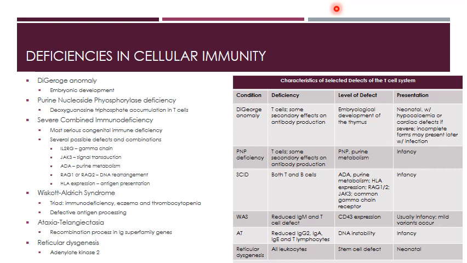So what happens then, since purine is not completely processed by the cells, you end up with purine metabolites, a toxic one called deoxyguanosine triphosphate, building up in the T cells.